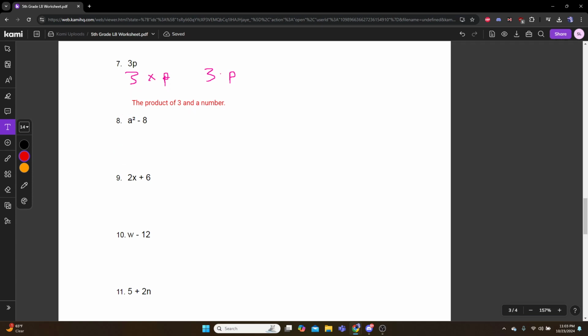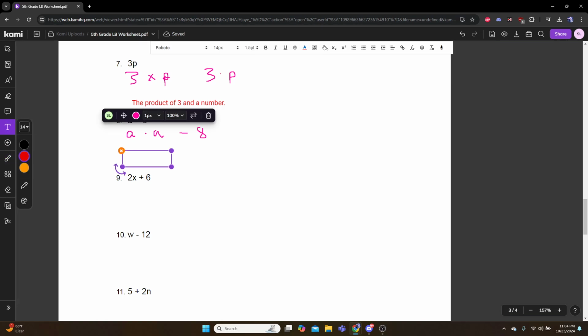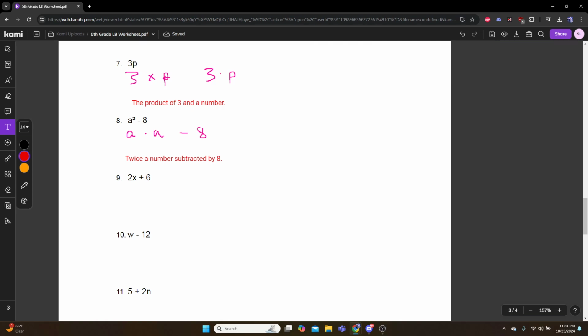And now we run into this squared. This means that the number is to the second power, which is the same thing as a times a. So this is the same thing as a times a minus 8. So we could write this as twice a number subtracted by 8, because this is the same thing as just twice a number, a times a.